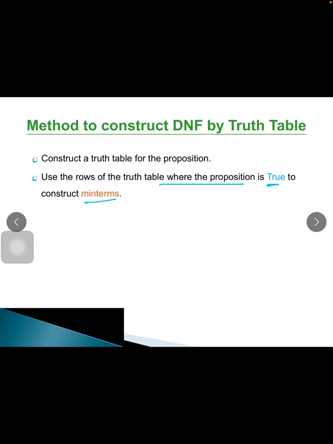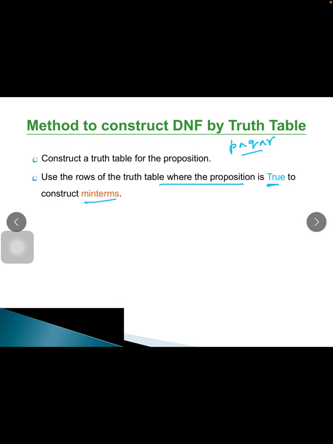So what are min terms actually? Suppose you have the three variables P, Q, R, and we write, suppose, P and Q and R, or P and negation Q and negation R. What is this? As in the last steps, this is a conjunctive clause, right?